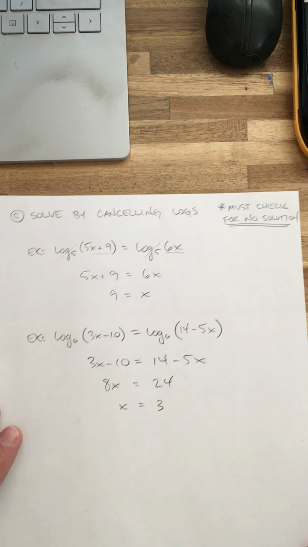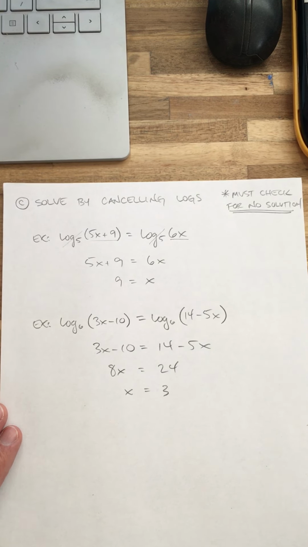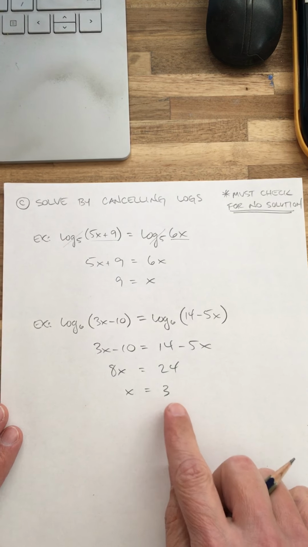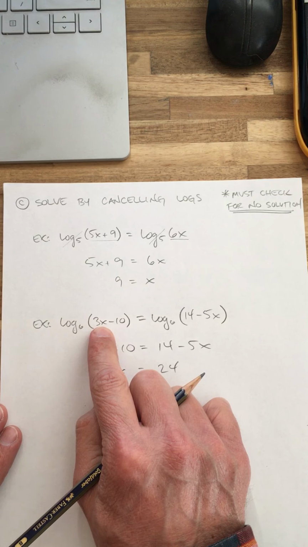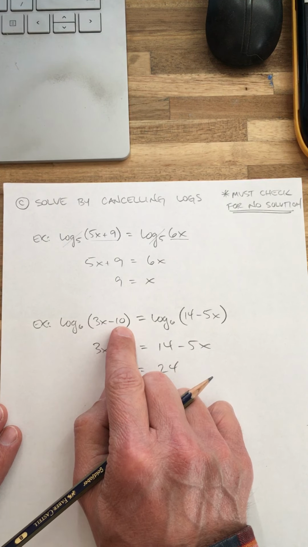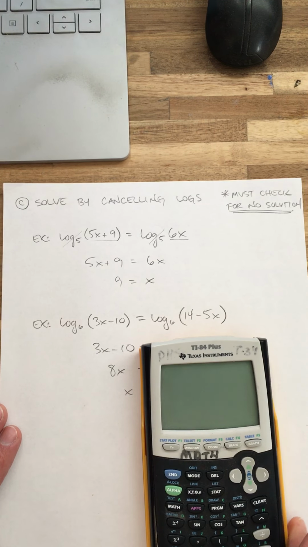Now that looks all great and wonderful, until you plug it in. Watch what happens. If you plug a 3 in right here, what do you get? 3 times 3 is 9. 9 minus 10 is negative 1. Let's just see what happens if I try to take the log of negative 1.